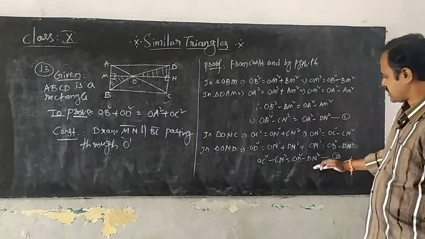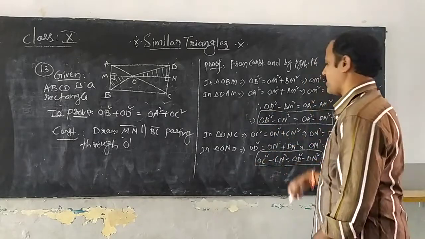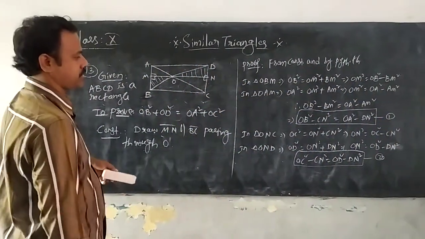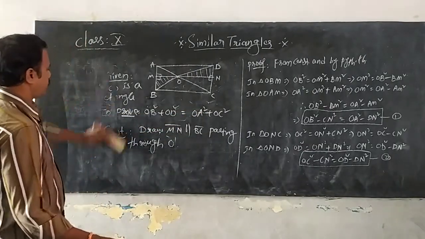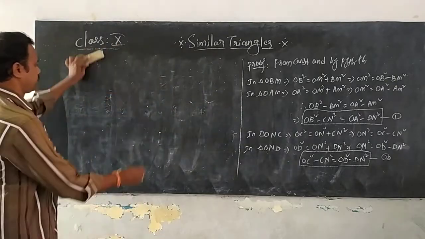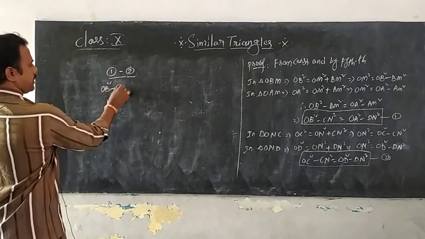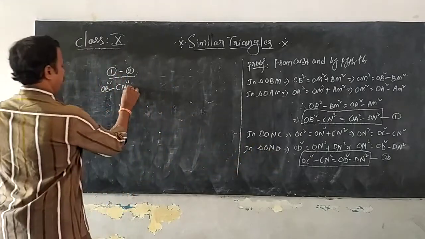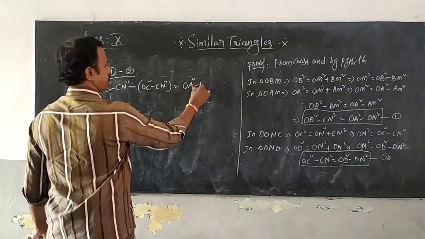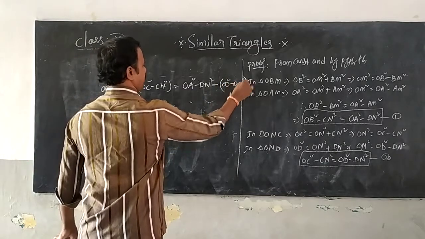If I subtract the first and second equations, what do we get here? 1 minus 2: OB square minus CN square, minus of OC square minus CN square, is equal to OA square minus DN square, minus of OD square minus DN square.